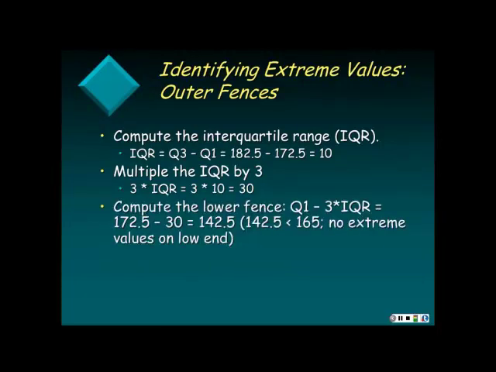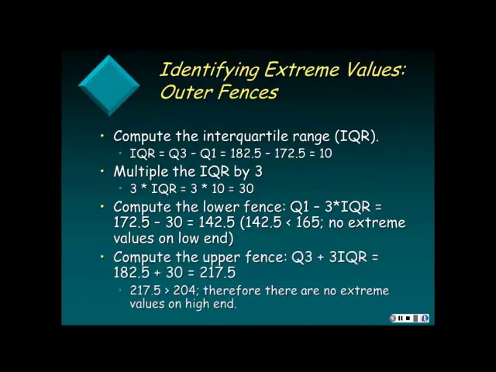And the lower fence will be Q1 minus 3 IQRs, and so we're subtracting 30 from Q1. Of course, if we didn't have any outliers on that end, we of course can't have extreme values. That would be even further away. Then the upper fence, we add 3 IQRs at 217.5. Therefore, that 204, though it was an outlier, it's not an extreme value because it's not higher than 217.